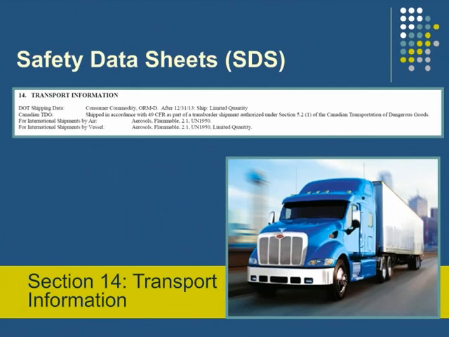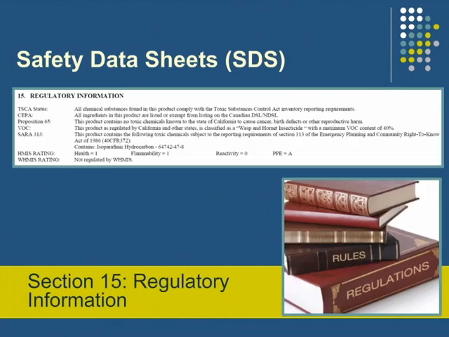Section 14 explains the proper way to classify the product for transportation. Section 15 provides regulatory compliance information required by some states. In this section, you will find specific information concerning items that require reporting under California Proposition 65 for potential carcinogens, as well as information for other potential toxic ingredients reportable under SARA Section 313.